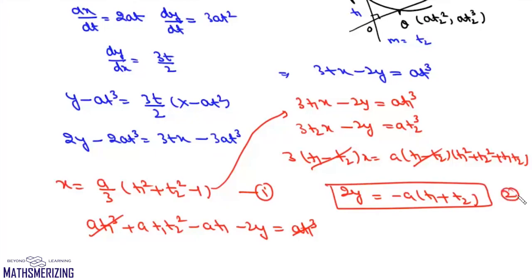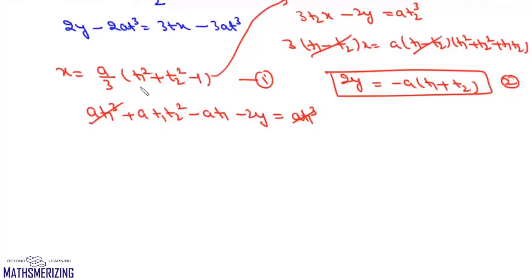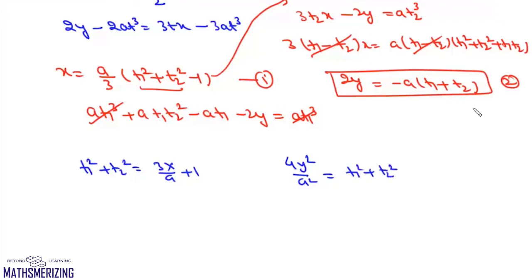Now we need to eliminate t1 and t2. So from the first we can write t1 square plus t2 square as 3x by a plus 1, and we square the second one, we can write 4y square upon a square. It will be t1 square plus t2 square plus 2t1 t2, which is minus 2.